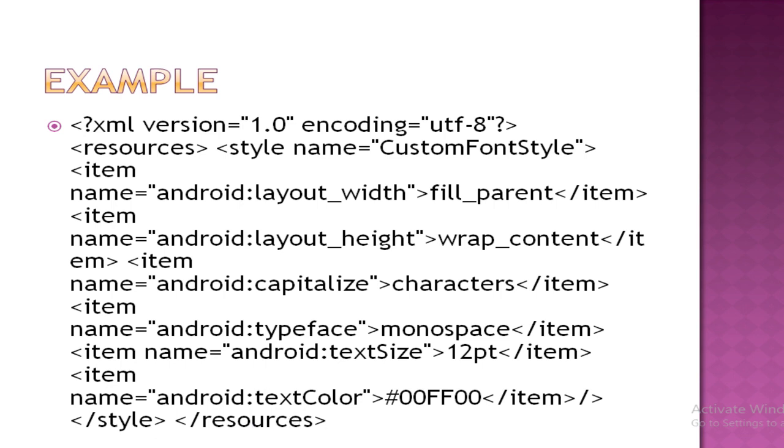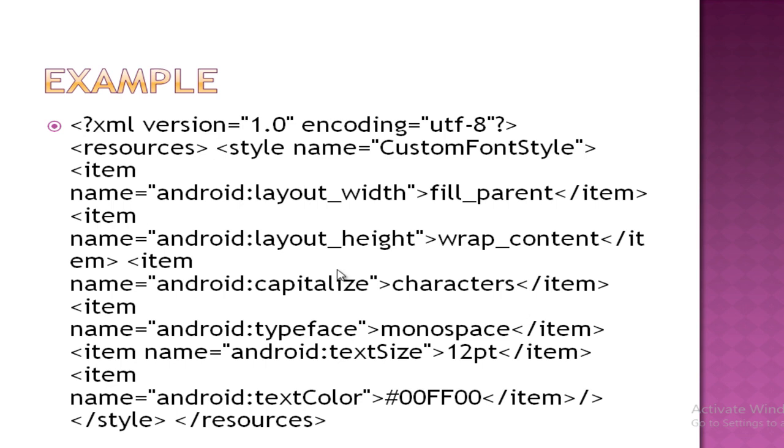So here, guys, you have to remember first that the resources tag contains the style, and the style tag contains the items. You have to keep this hierarchy in mind. Style works very similarly to CSS.